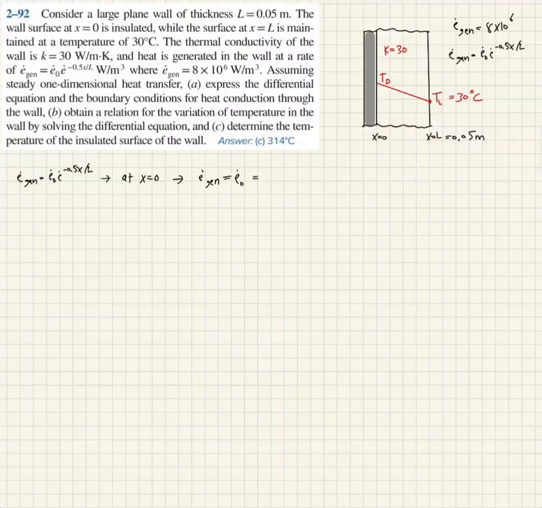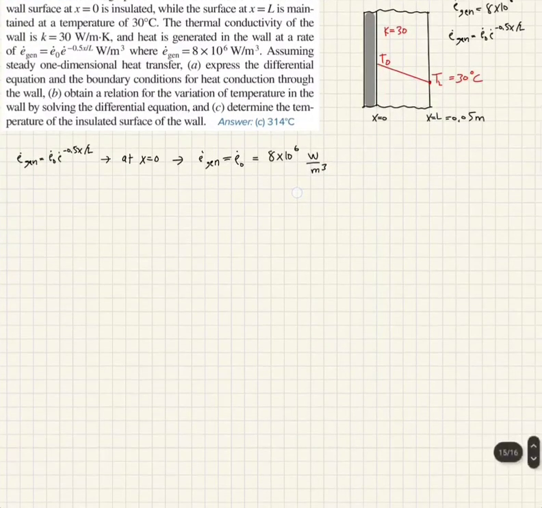So E dot gen is E dot 0, which is 8 times 10 to the 6. That's the value that we have for E dot 0. And then we also know that dT/dx at x equals 0 is simply 0 because of insulation. And at x equals L, T is 30 degrees Celsius.